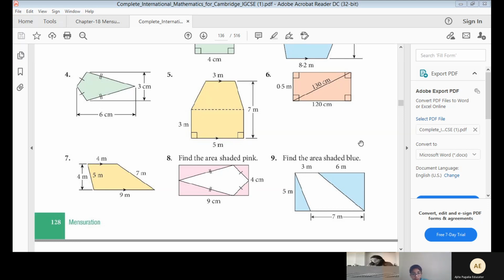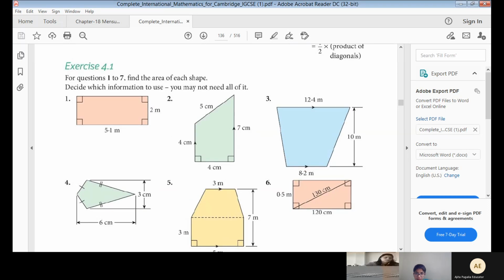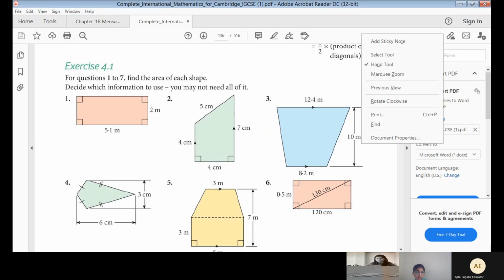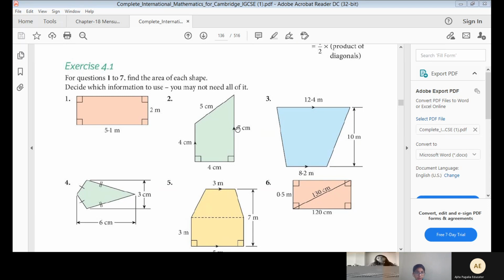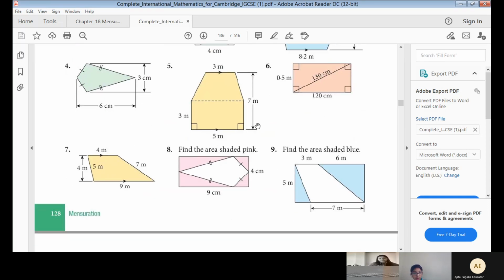Last question. Okay. Wait. Ma'am, go down. Yes, yeah, sure, sorry. So the area shaded in blue.